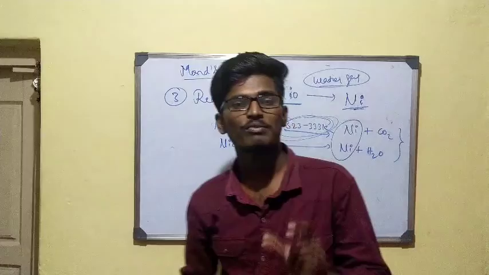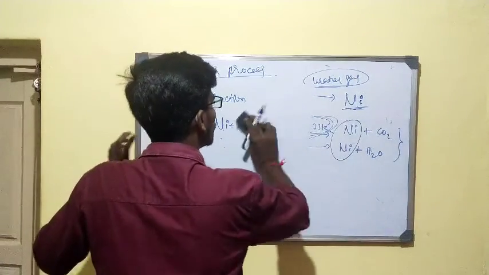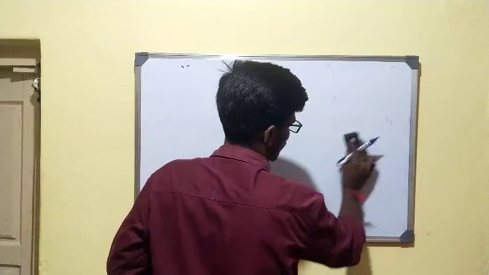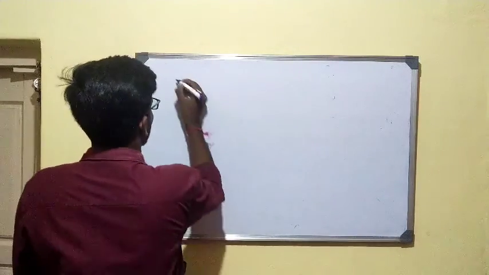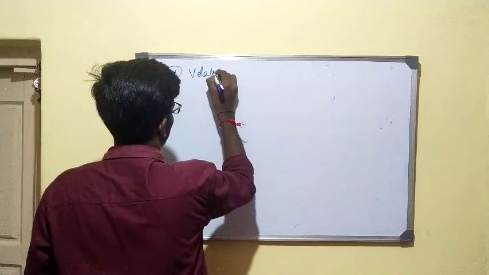After reduction, you are left with crude nickel. Crude nickel is impure nickel containing volatile impurities. To make it pure, we have another step, that is volatilization.